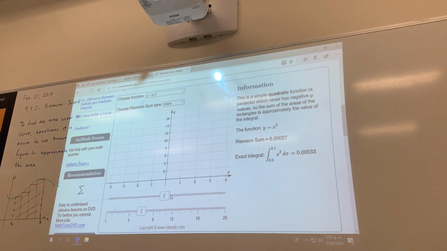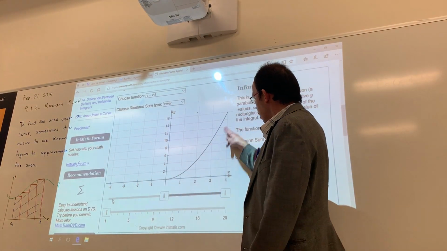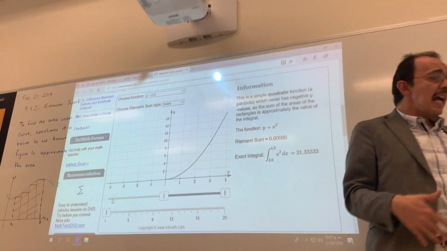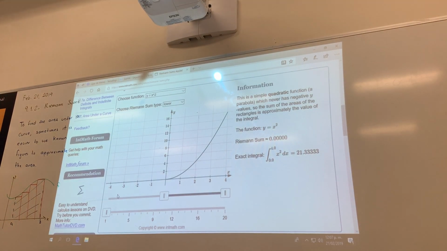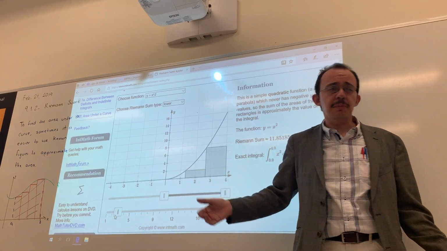Imagine that I want to calculate the area from 0 to 4. Okay? I can divide it into rectangles. For example, if I use 2 rectangles, it's going to be an estimation, right? It's not going to be exact, yeah, but it's going to be an estimation.